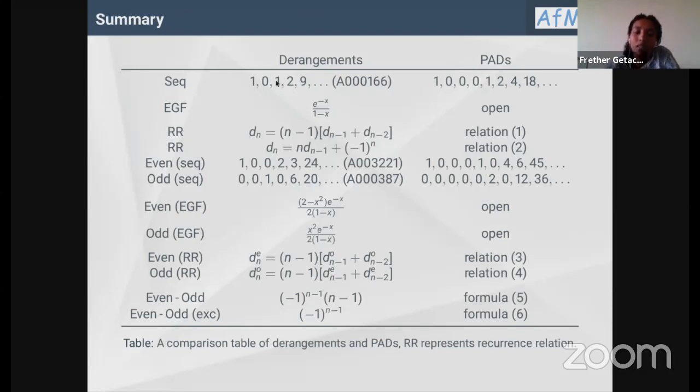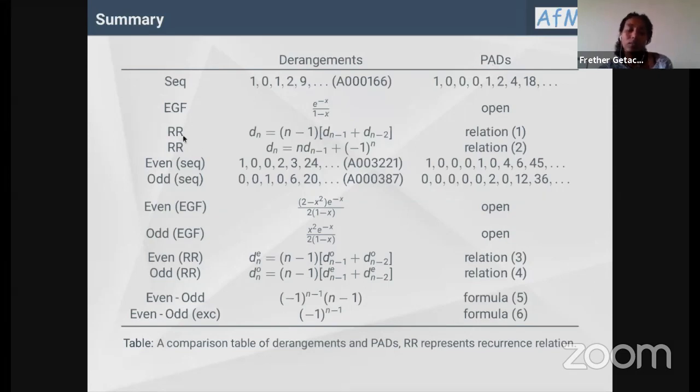Here we have the sequences that count the derangements and also the paths and their exponential generating functions. But for us, we still don't have the exponential generating function for the sequence that counts the paths, which is still open.